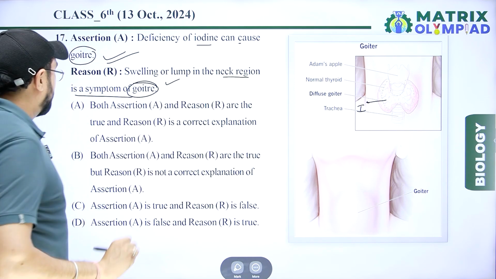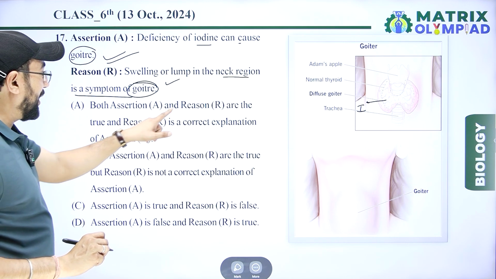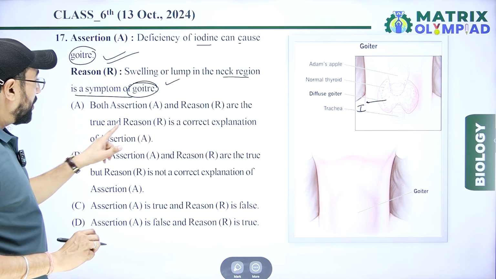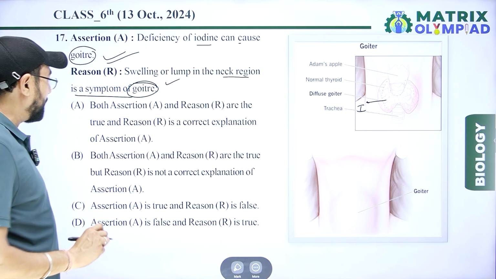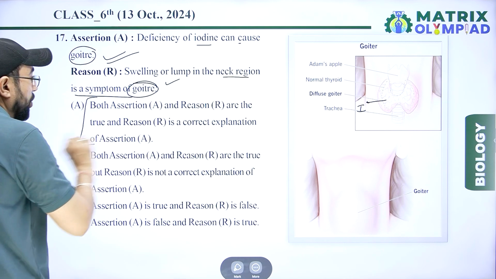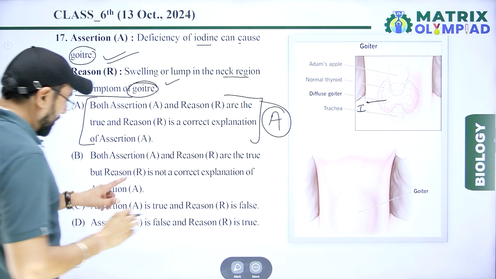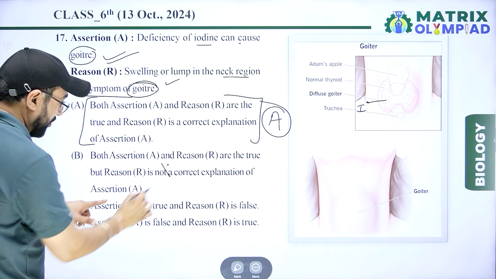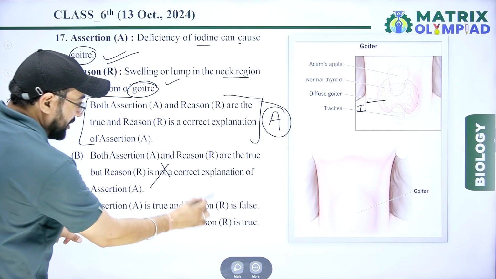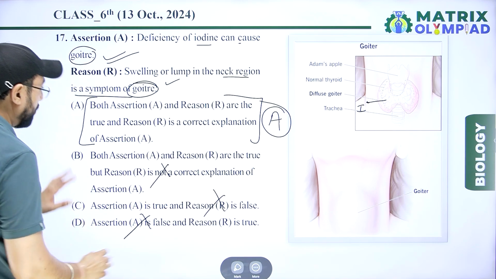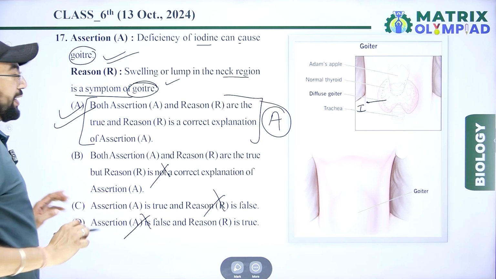Both assertion A and reason R are true, and reason R is the correct explanation of assertion A. Option A is the right answer. The other options are wrong.